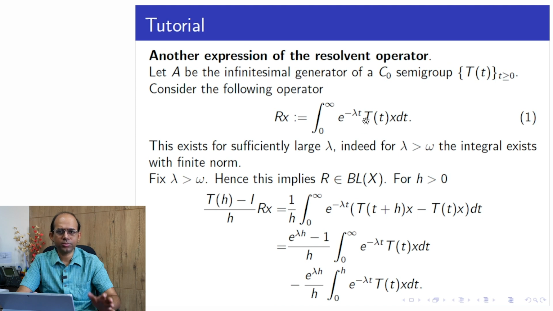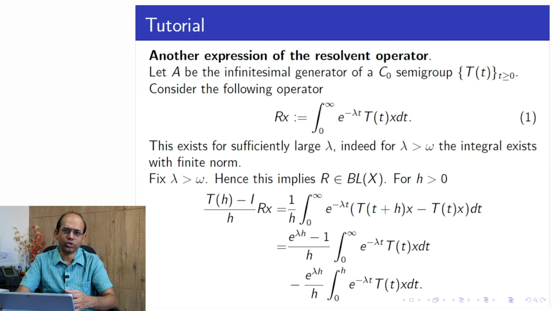And here, the only thing is about when it exists, correct? When lambda is more than omega, then it exists, okay, for that reason. And that is also not an additional assumption, because to define the resolvent, you also need lambda I minus A to be invertible in the first place. So that means you need lambda to come from the resolvent set, correct?